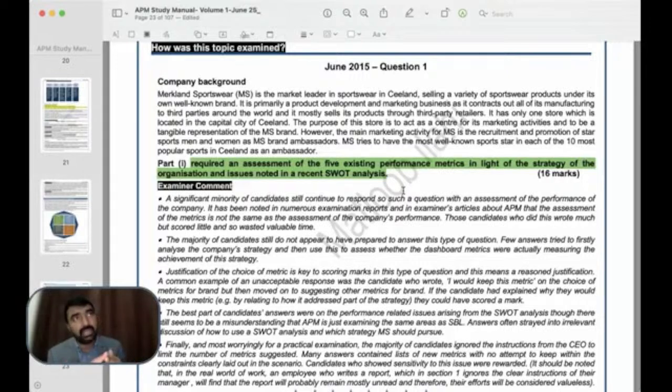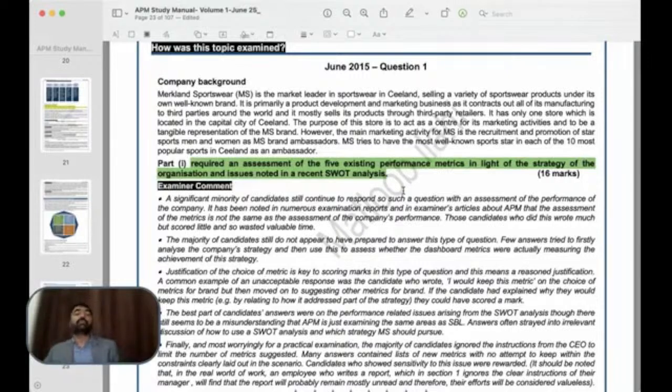So that means you have to connect 3 areas in your discussion. You have to connect SWOT, you have to connect the strategy of the organization, and you have to connect the 5 KPIs or 5 performance measures. Then you will be able to assess whether these 5 measures are effective, suitable for this situation or not.